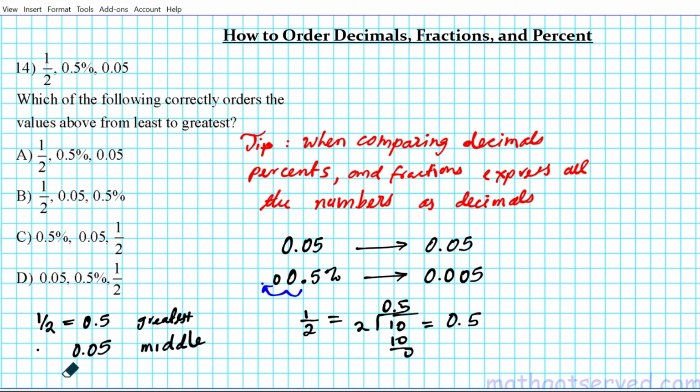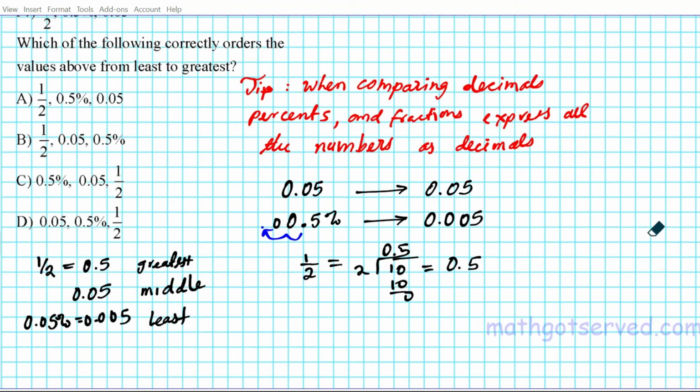And guess what? 0.05%, which is equal to 0.005, is the least, if you compare the positions of the values in the different decimal places.